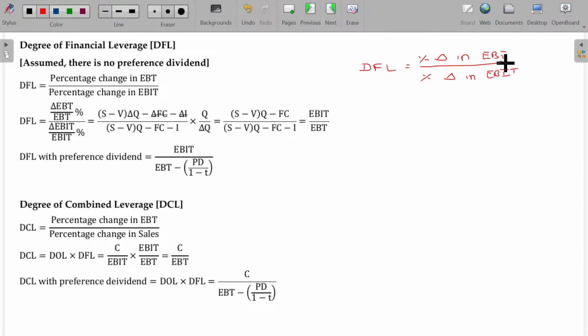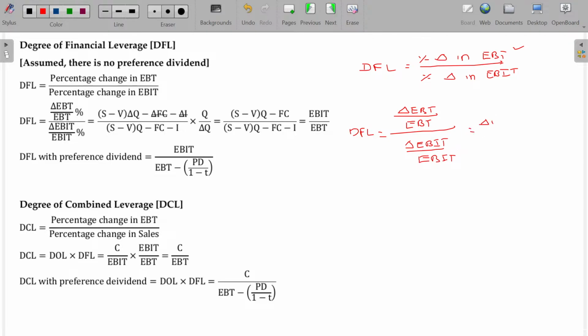Percentage change in EBT is nothing but change in EBT divided by existing EBT, whole divided by change in EBIT divided by EBIT. This is the degree of financial leverage.